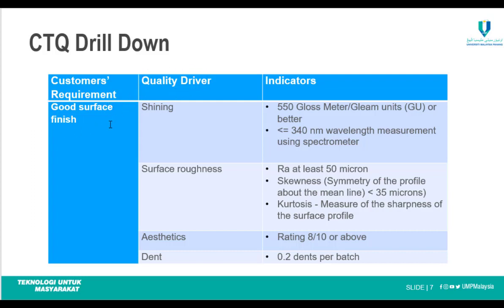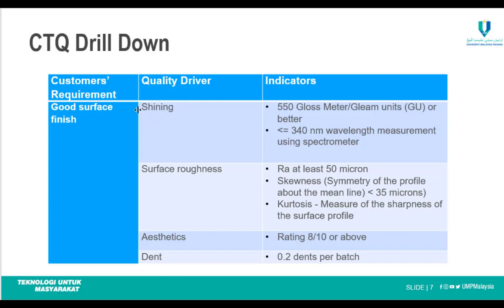What does a good surface finish mean? Maybe a good surface finish can be defined as the shining of the part, the surface roughness of the part, the aesthetic look, then the dent. These are some of the quality drivers and the indicators for each quality driver.